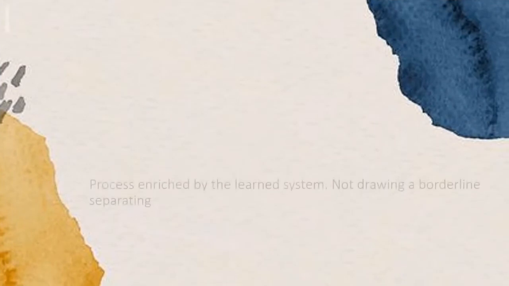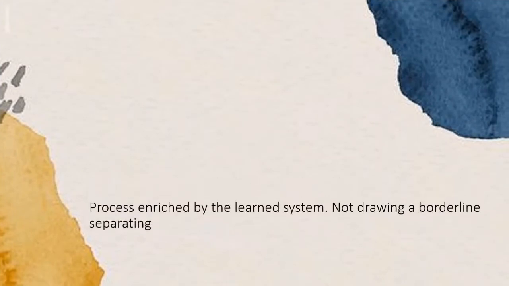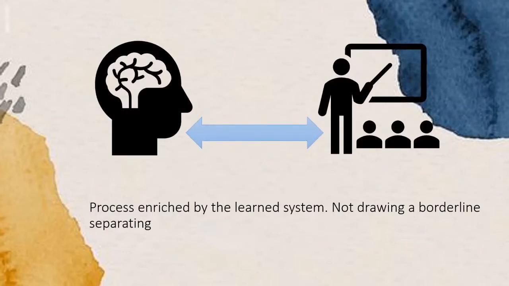So acquisition could be better understood when described as a process enriched by the learner's system, instead of drawing a borderline separating acquisition and learning into two discrete disciplines. The cross-currents of both systems are constant.